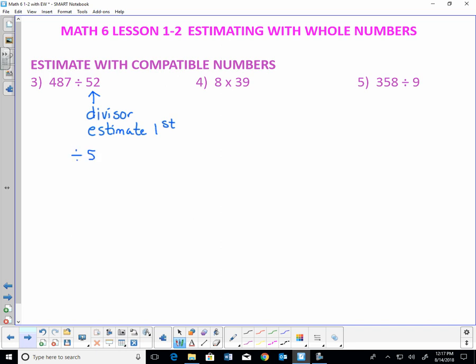Now I want a number near 487 that is easy to divide by 50. So I could go down to 450 or I could go up to 500. Which one is closer to 487?